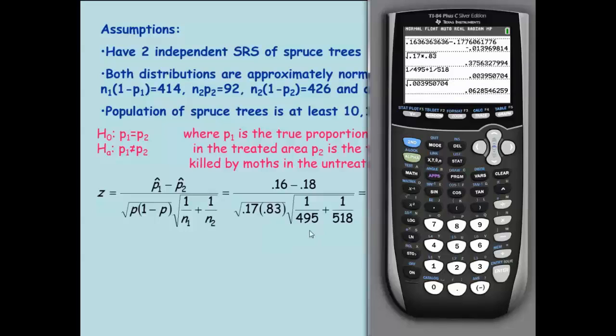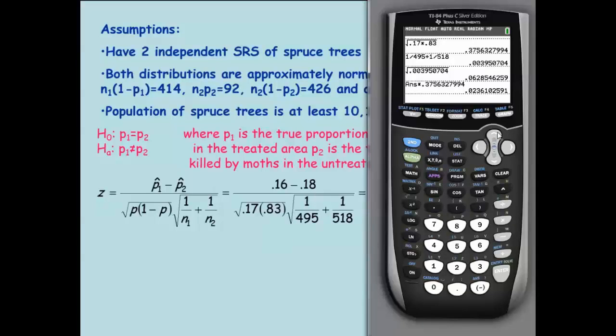Okay, and if you remember that denominator, we're multiplying those two things together. So I want to take the 0.062 that I just got and multiply it with the 0.375 from before. Okay, so that denominator is now 0.0236.